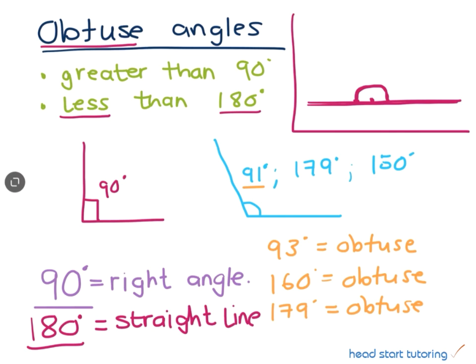And you can see that your right angle is equal to half your straight line. So if you were to draw a line that is perpendicular to your straight line there, you will form a right angle. You would form two right angles. So two right angles will give you one straight line, or one 180 degree angle.